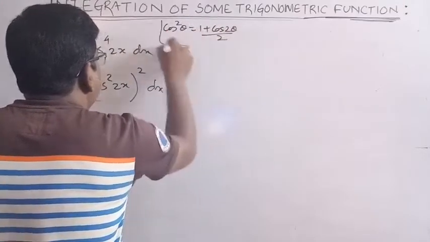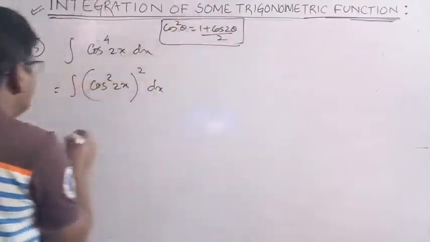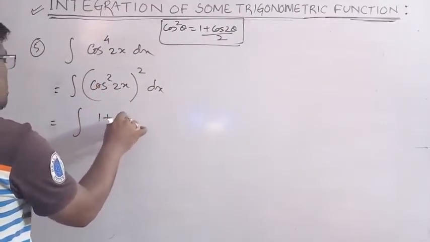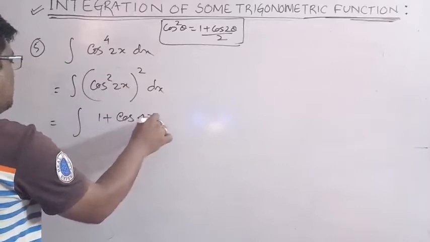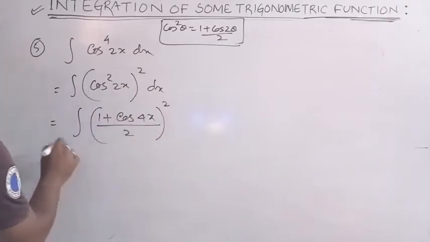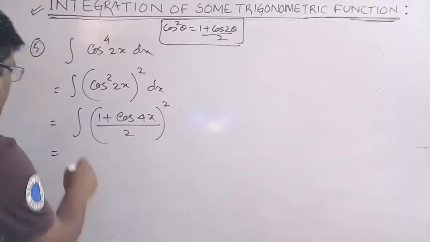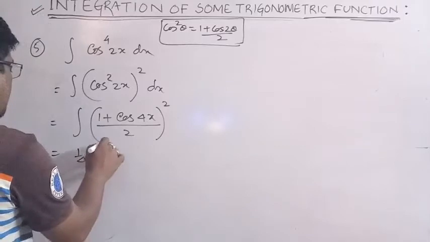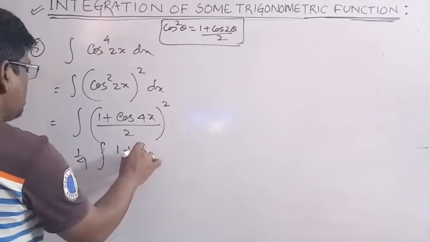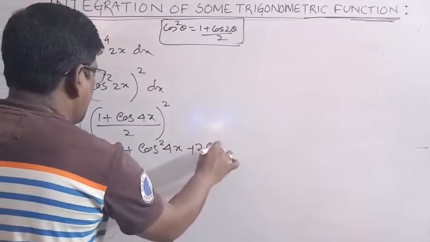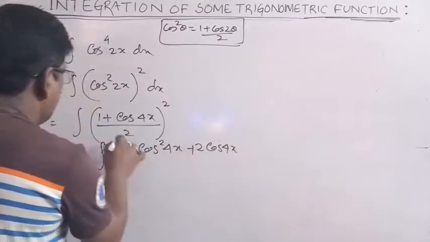Apply this formula. So this is equal to integration of 1 plus cos 2 into 2x, that is 4x by 2 whole square. This is equal to 1 by 4 into, applying the a plus b whole square formula, integration 1 plus cos square 4x plus 2 cos 4x into dx.